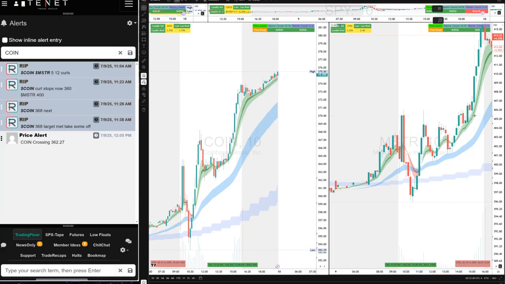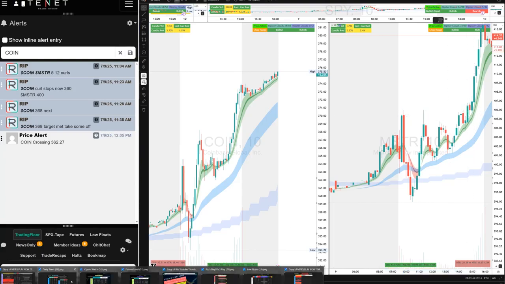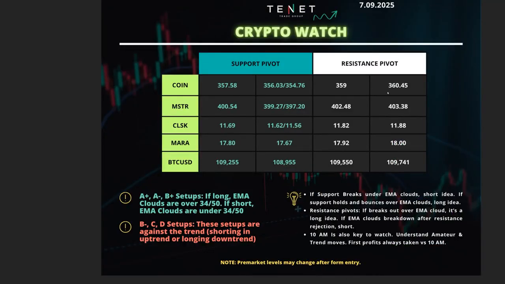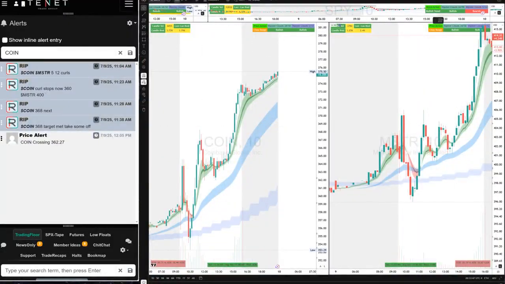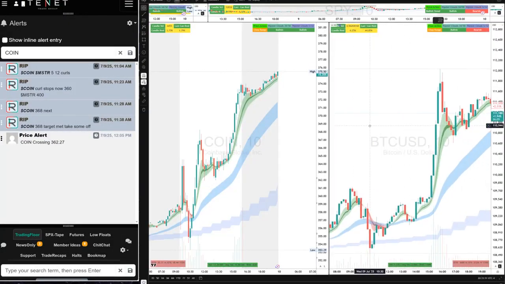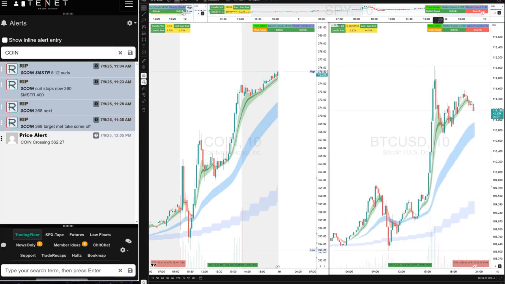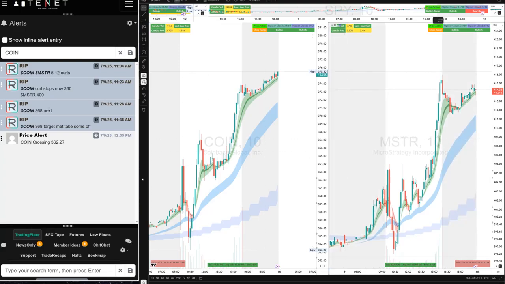That's where you have to watch the Bitcoin. And not to mention that we provide these crypto levels for our traders to watch those breakouts right here to stay long, because Bitcoin was breaking out midday. So I can talk a little bit about that initial curl that I gave. The curl was at 359, and the target I gave was 365, 368.